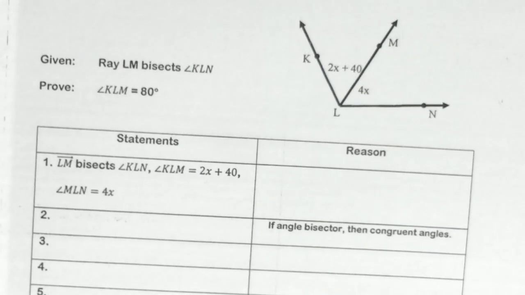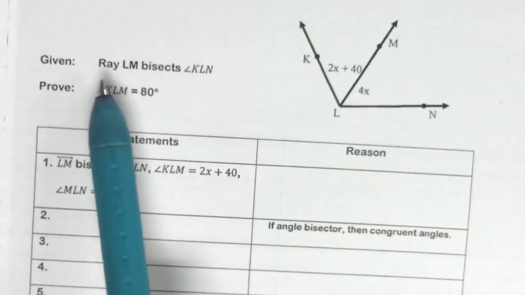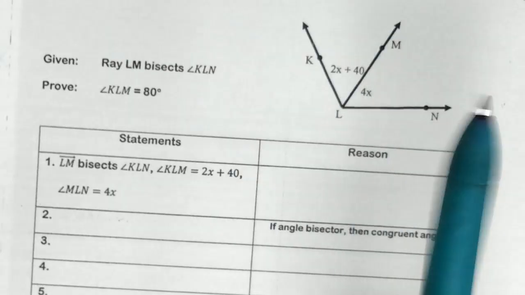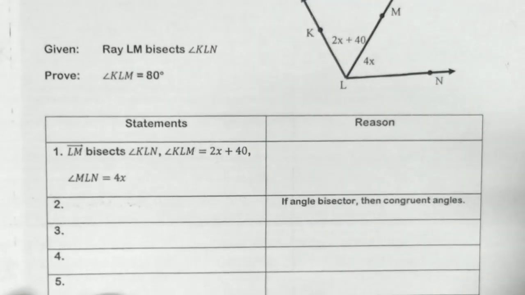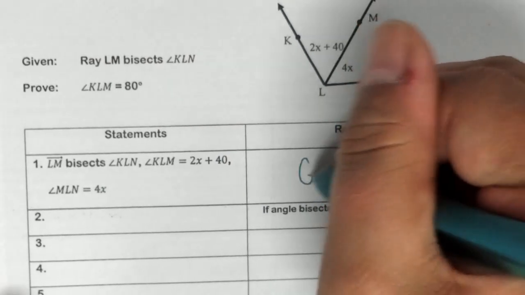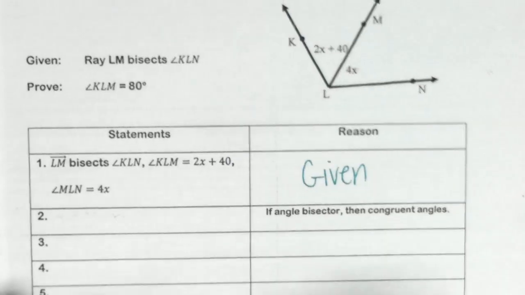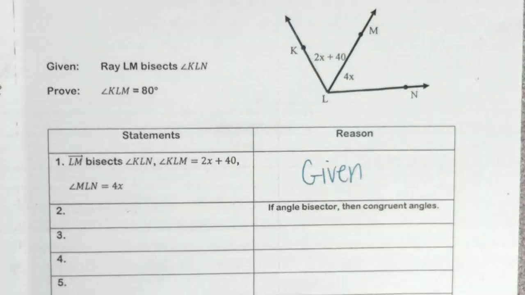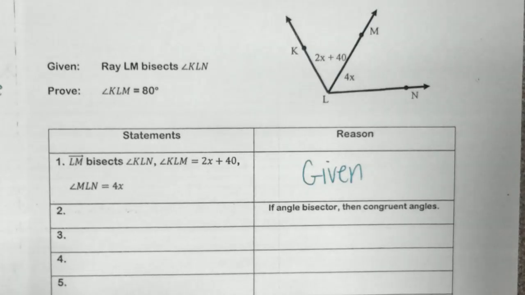All right, next one. I'm giving you Ray LM bisects KLN, and I'm also giving you these two things. So reason number 1 is given. Everybody write given on reason number 1. What do I know about this picture? Okay, before I start writing numbers, what do I know about the picture?